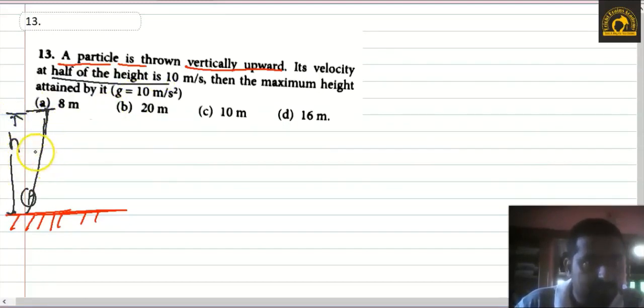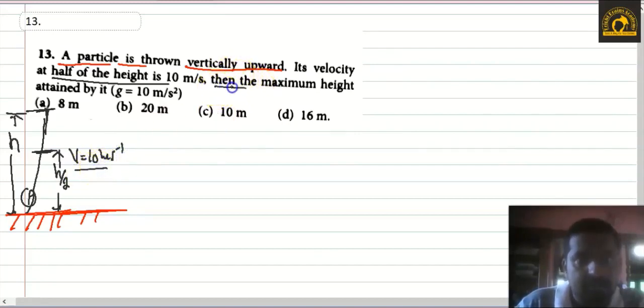Half of the height means this much. Calculate the maximum height. So h maximum height is equal to question mark.